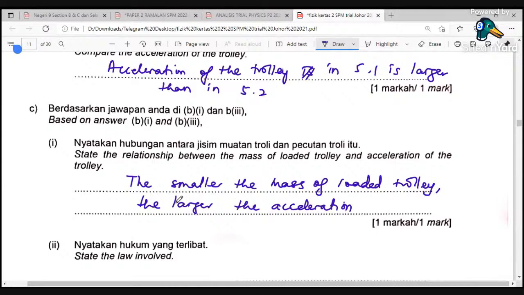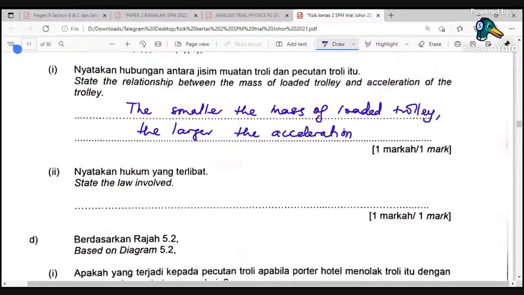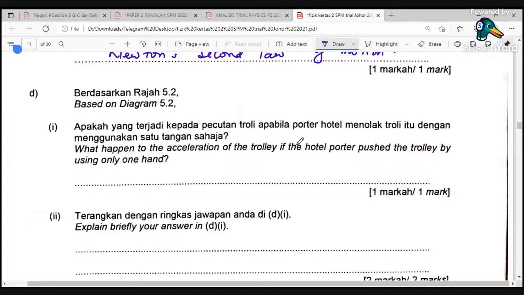Okay, the smaller the mass of loaded trolley, the larger the acceleration.